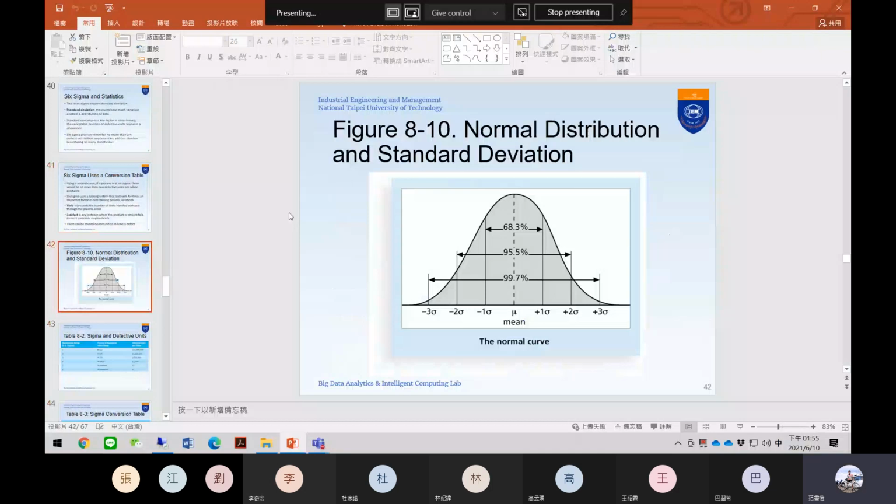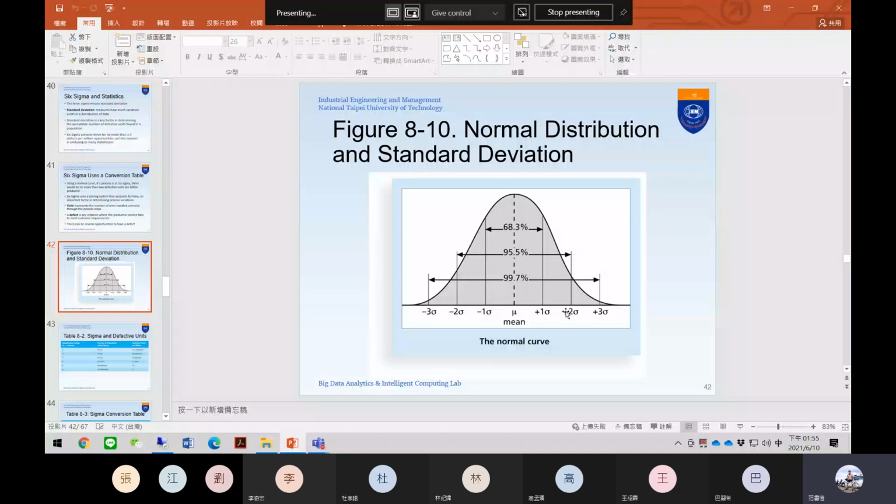Figure 8.10, the normal distribution and the standard deviation. There are numbers we need to bear in mind. Plus one and minus one standard deviation cover 68.3 percent, 2 standard deviations cover 95.5 percent, and 3 standard deviations cover 99.7 percent.